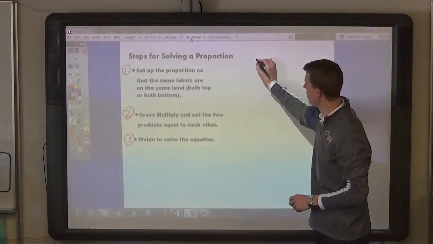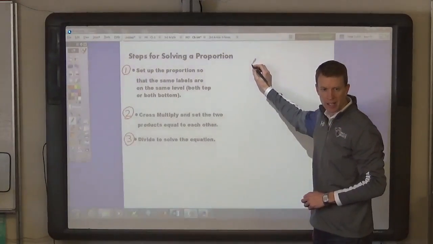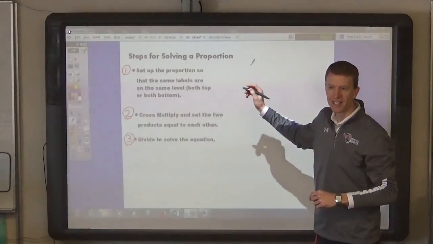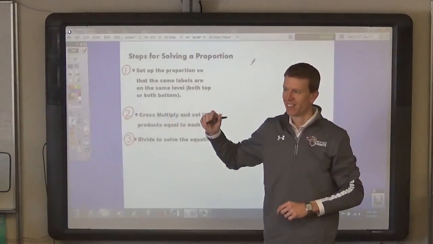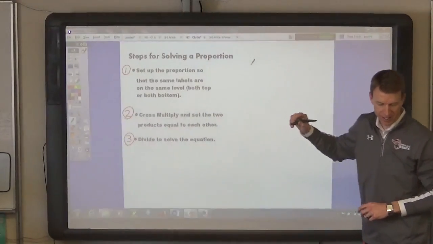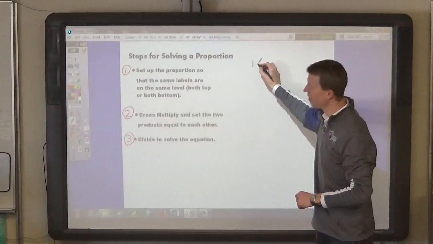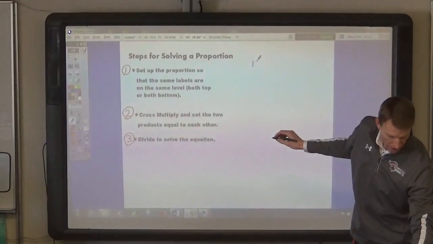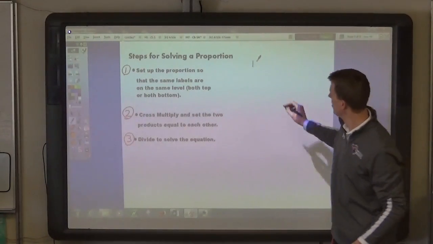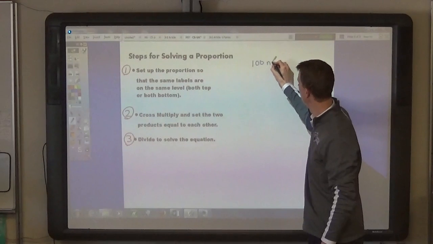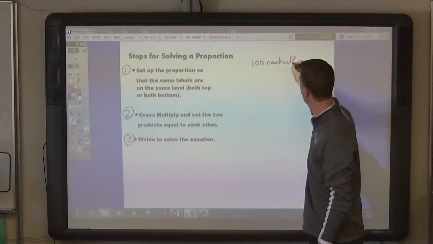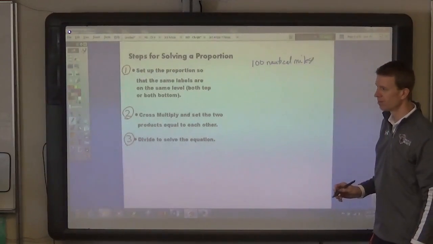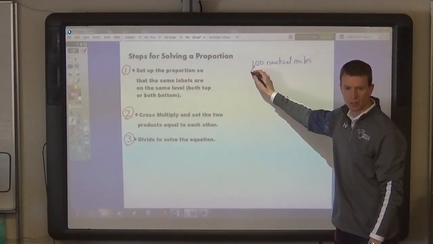What is that ratio that's given in example 3? In the first line. Look at example 3, and in the first line it says 100 nautical miles equals what?